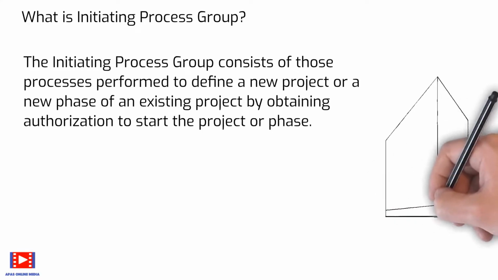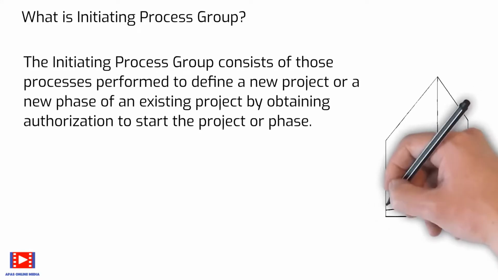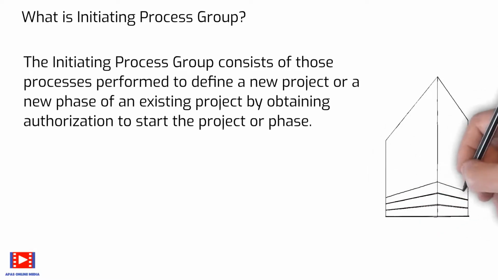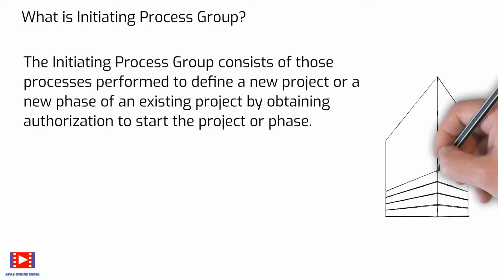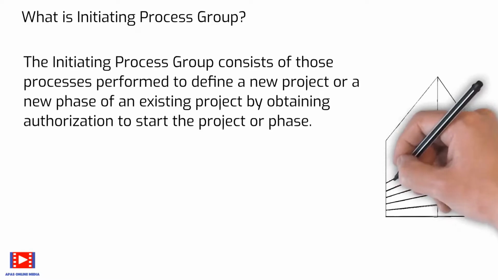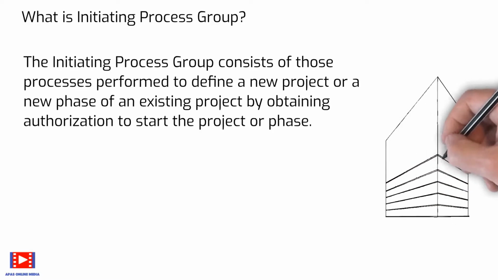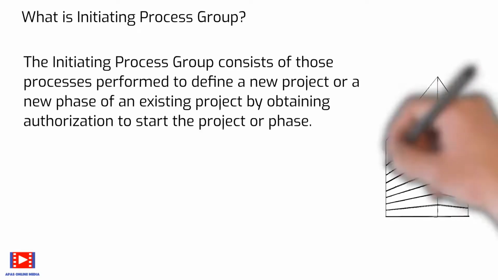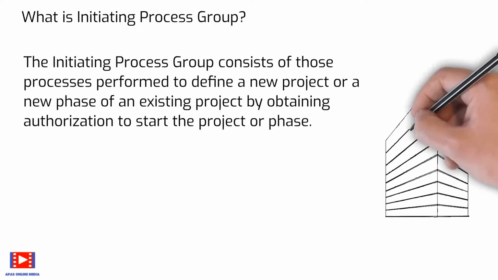Within the initiating processes, the initial scope is defined and initial financial resources are committed. Internal and external stakeholders who will interact and influence the overall outcome of the project are identified.